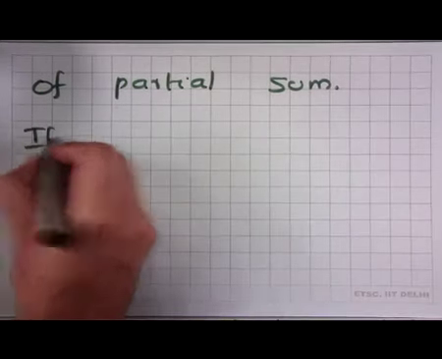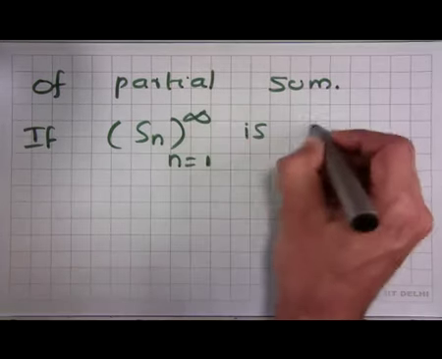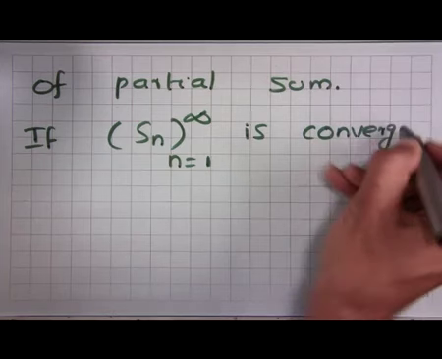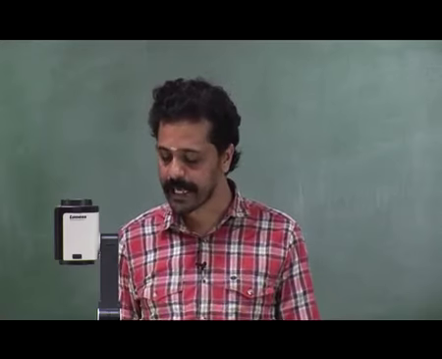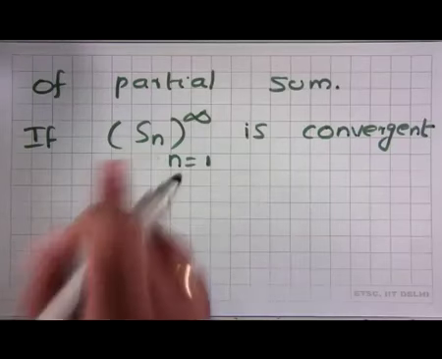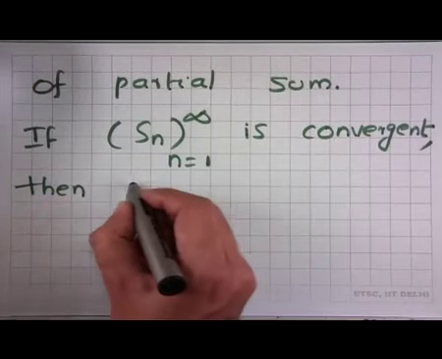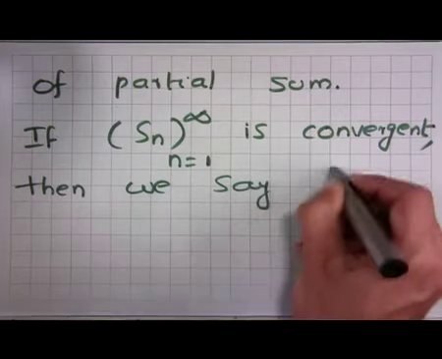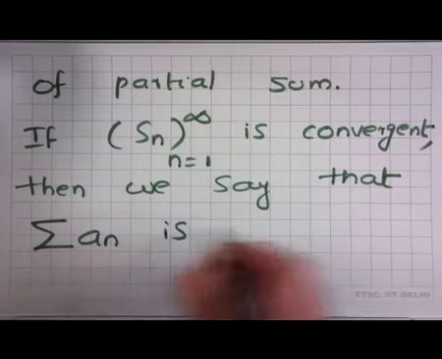If this sequence of partial sums is convergent, that is, if there exists a real number capital L such that as you progress towards the end of the sequence Sn, the terms are becoming close enough to this L, then we say that summation An is convergent.